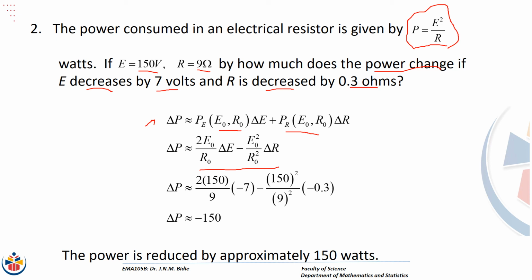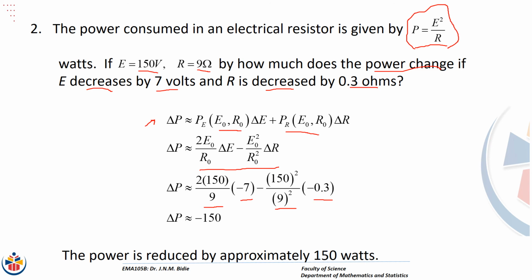And then we do the substitution. The initial value that was given for E was 150, and the initial value that was given for R is 9, and the small change that happened is -7 for delta E. And then again, on the side of the derivative with respect to R, we do the substitutions again. We've got 150 squared divided by 9 squared multiplied by the change in R, which is negative 0.3.